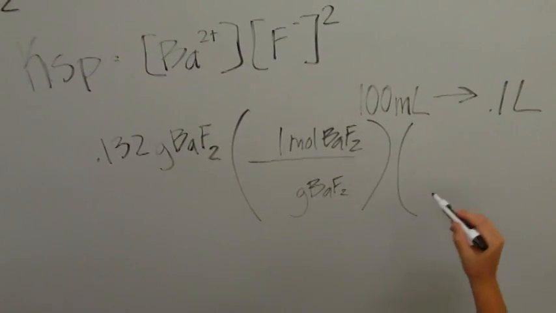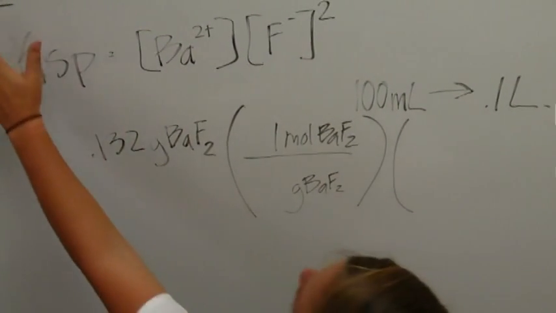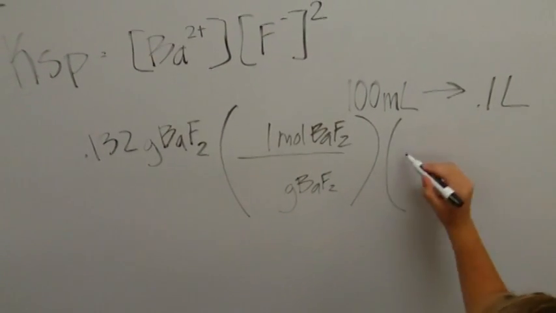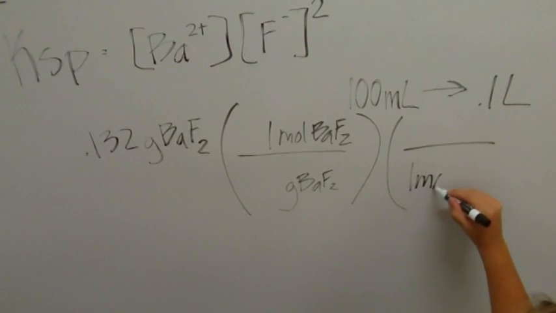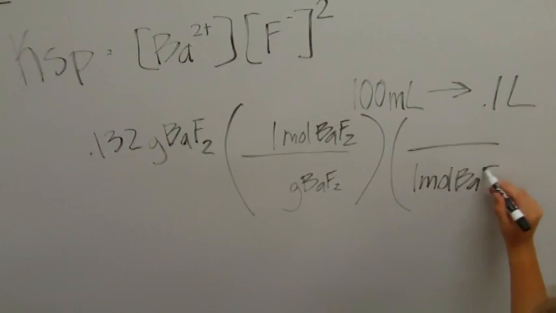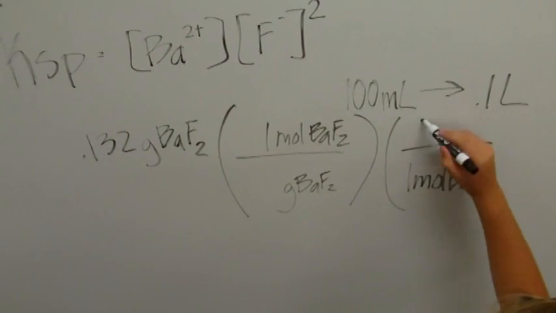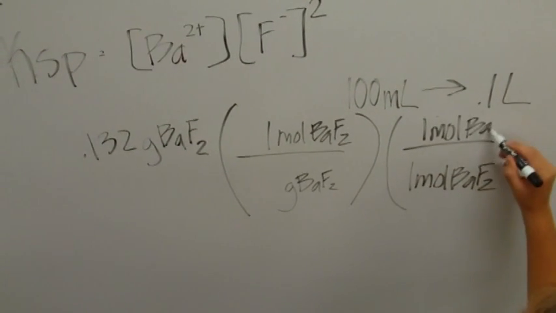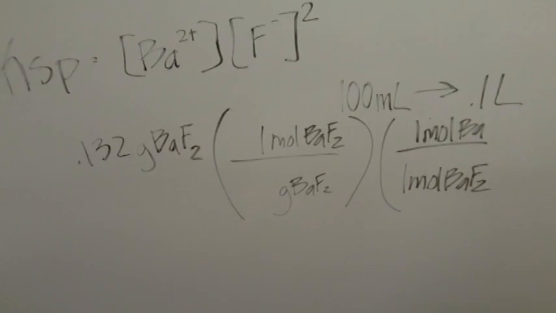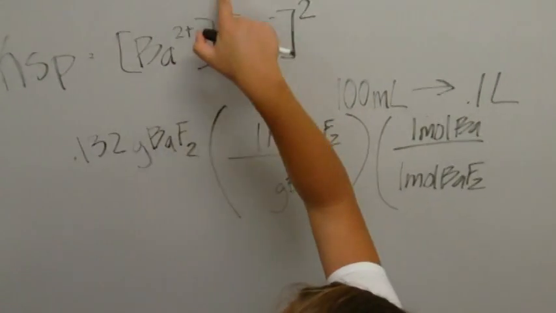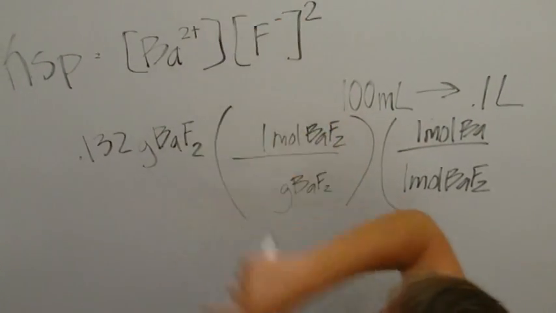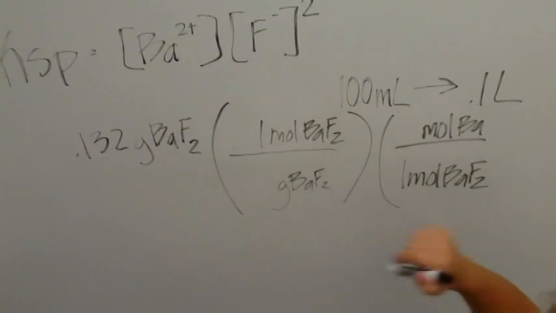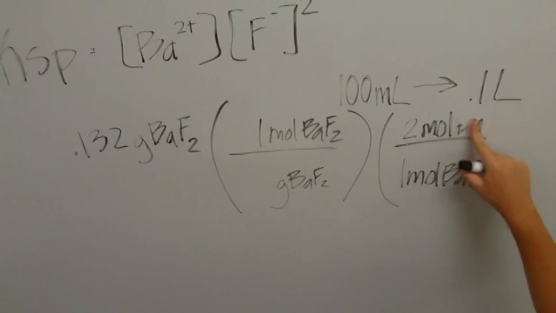And then this equation is a 1:1:2. And so when you work this out, you know that you're going to have 1 mole BaF2 is equal to 1 mole of Ba. And then because fluorine has 2 moles right there, when you're doing your dimensional analysis to get moles, for the fluorine you just put 2.